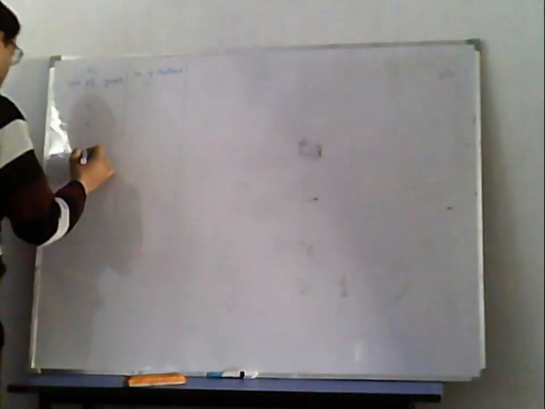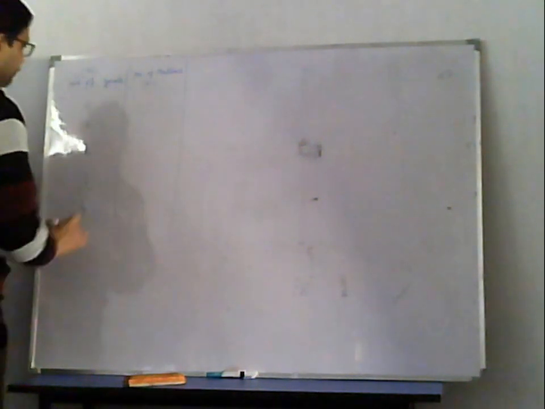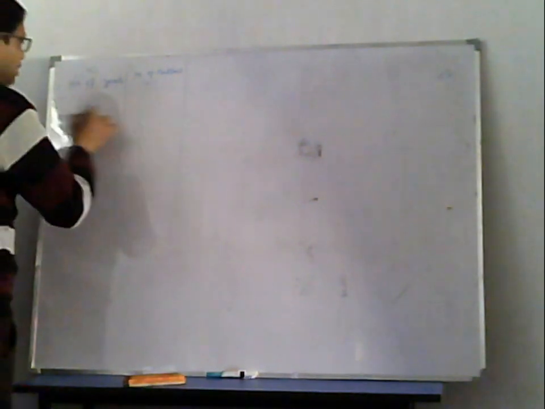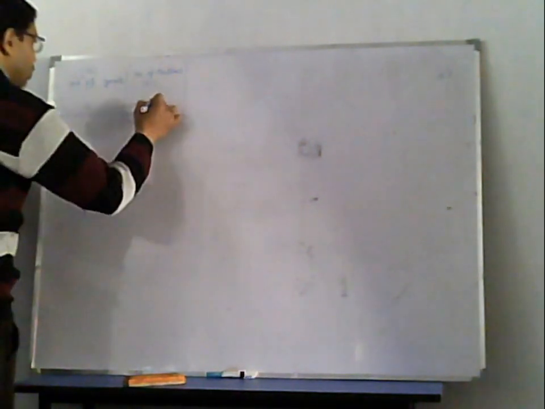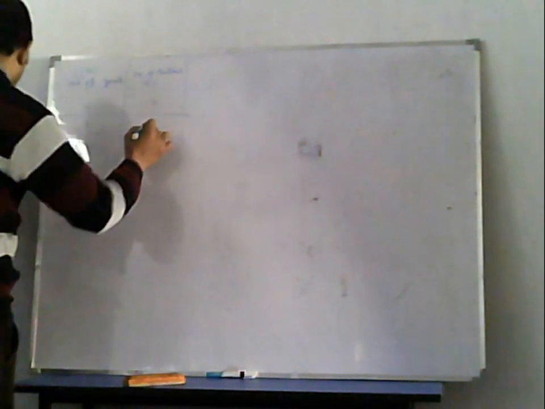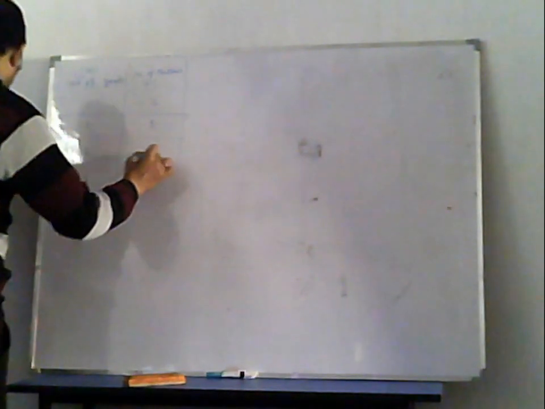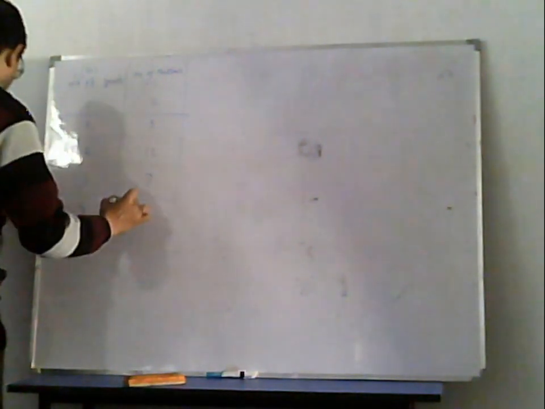Okay. First you look here: 0, 1, 2, 3, 4. These are 5 values. Against them the frequencies are 2, 5, 12, 7 and 4.